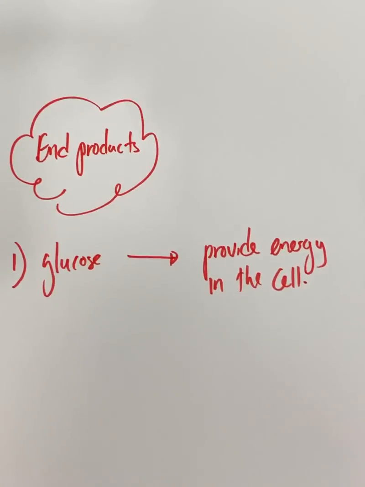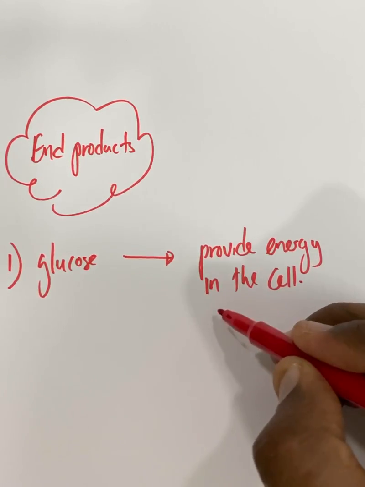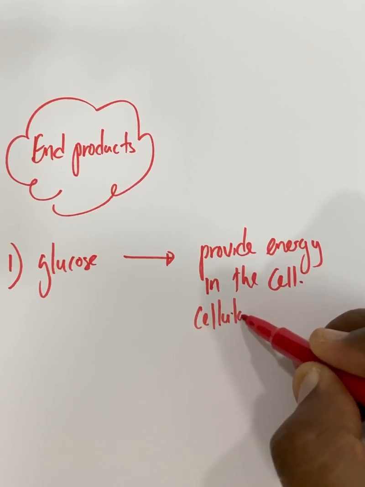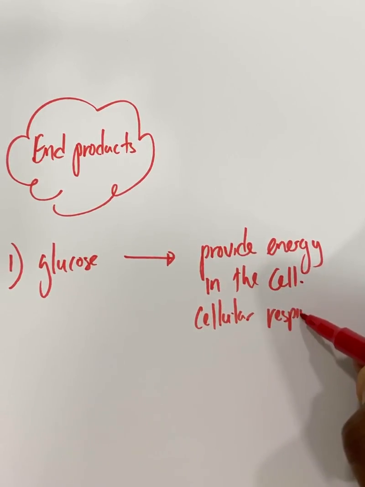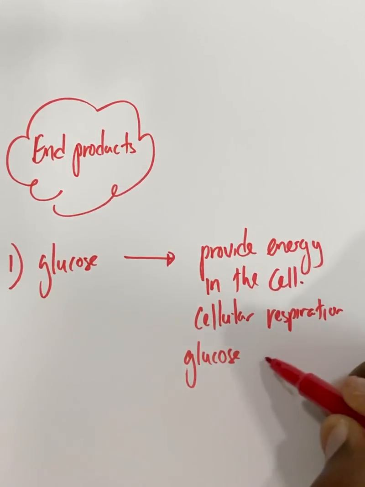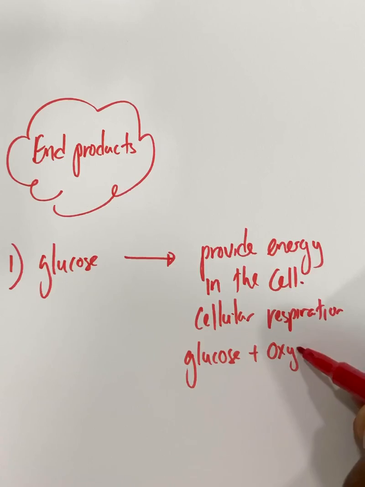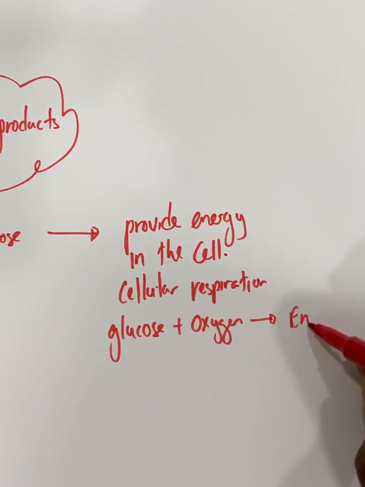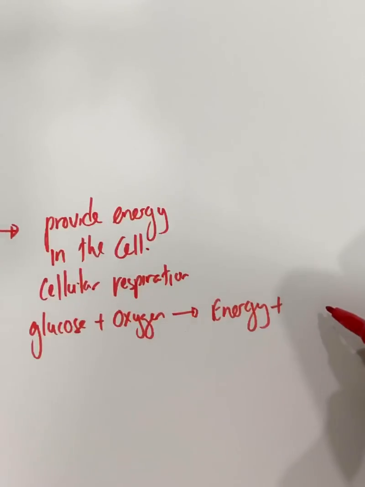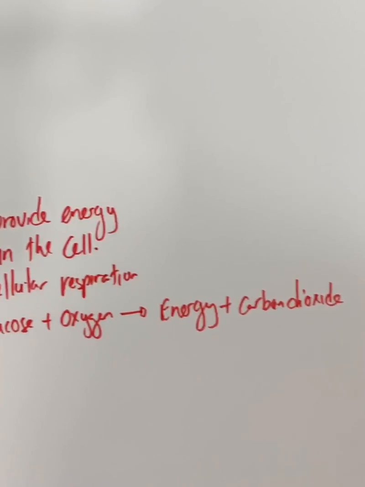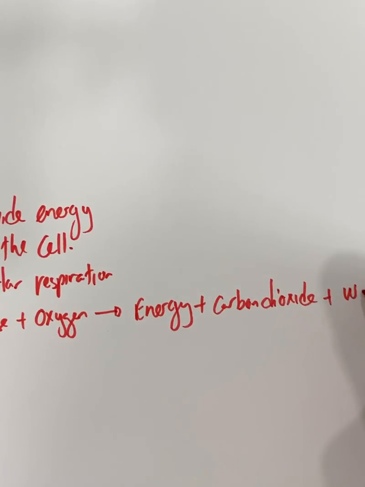The body cell will conduct cellular respiration. During cellular respiration, the glucose will combine with oxygen to produce energy plus carbon dioxide and water vapor.